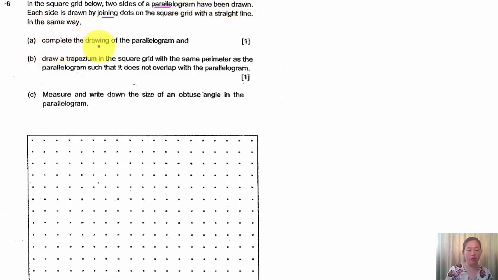A. Complete the drawing of the parallelogram, and B. Draw a trapezium in the square grid with the same perimeter as the parallelogram, such that it does not overlap the parallelogram. C. Measure and write down the size of an obtuse angle in the parallelogram.